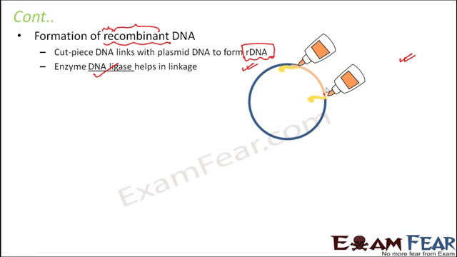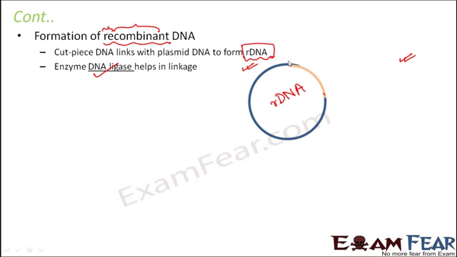So here you can see it acts as glue. What is this glue? These glues are nothing but the DNA ligase enzyme, because it helps in linking the cut piece of DNA to the plasmid DNA. And this is what is formed: the recombinant DNA, or rDNA, whatever you call it.